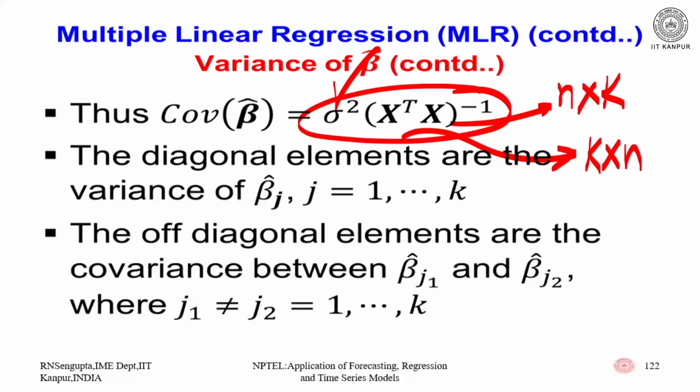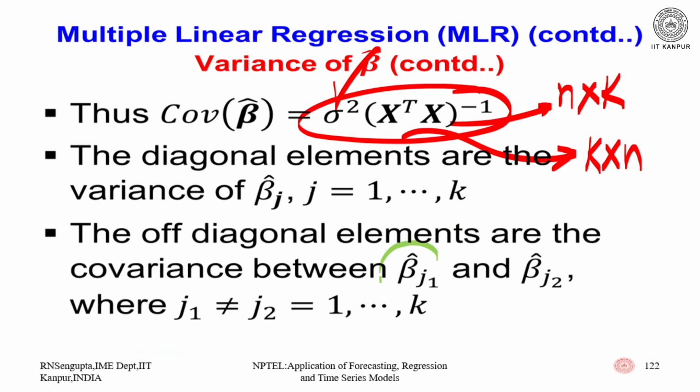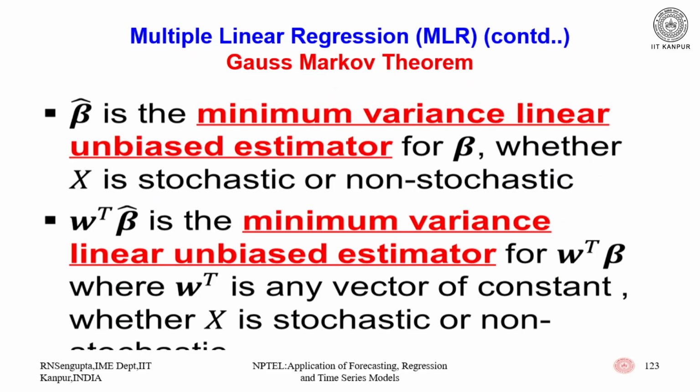And the off diagonal elements would basically be the covariance of the ith and the jth beta, say for example, beta hat j1 and beta hat j2, where if j1 and j2 are equal, it is the principal diagonal. If they are not equal, they are the off diagonal elements, and it is from 1 to k. Few properties important without proofs.